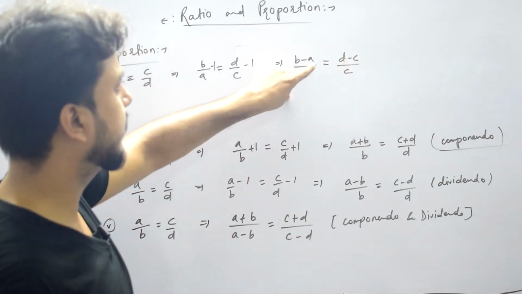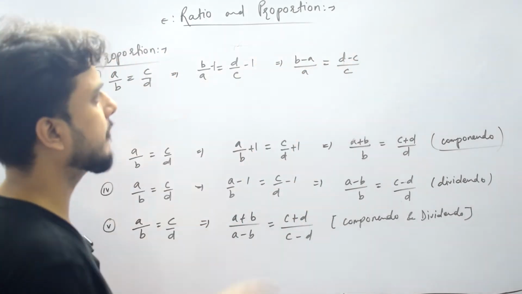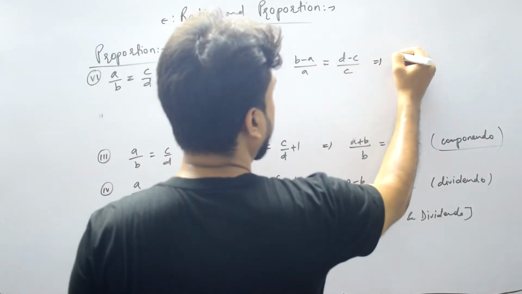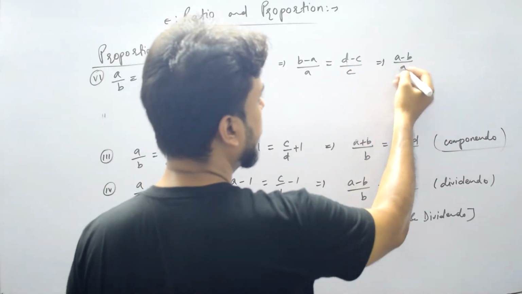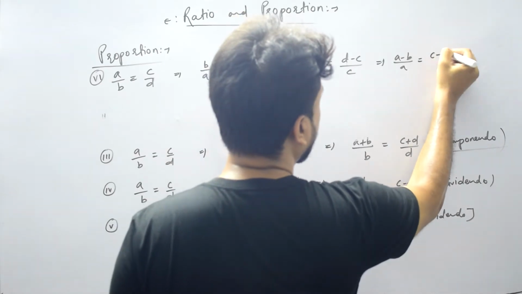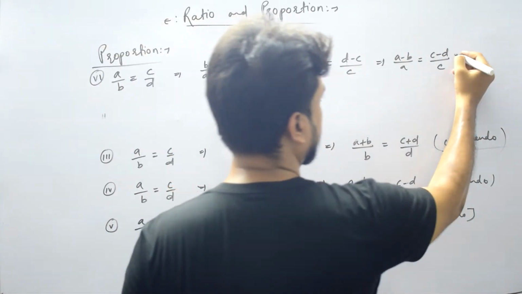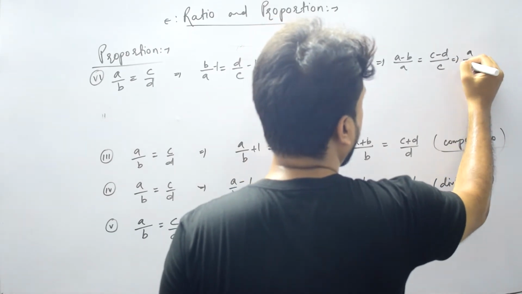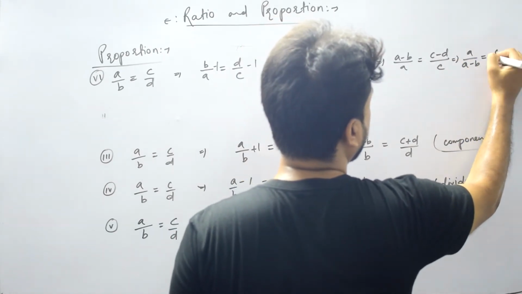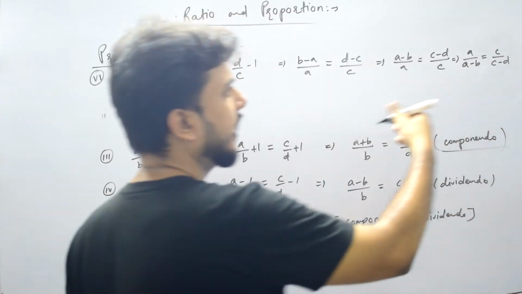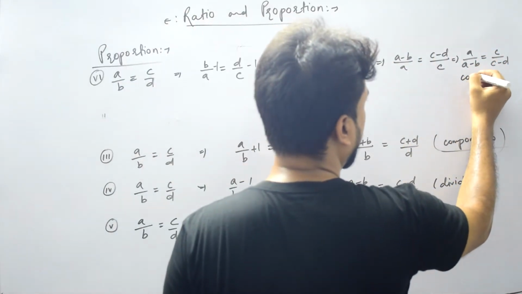Now we will take minus common and cancel it, and we get a minus b by a is equal to c minus d by c. Then again we will invert it, so we get a by a minus b is equal to c by c minus d. Now this is known as convertendo.